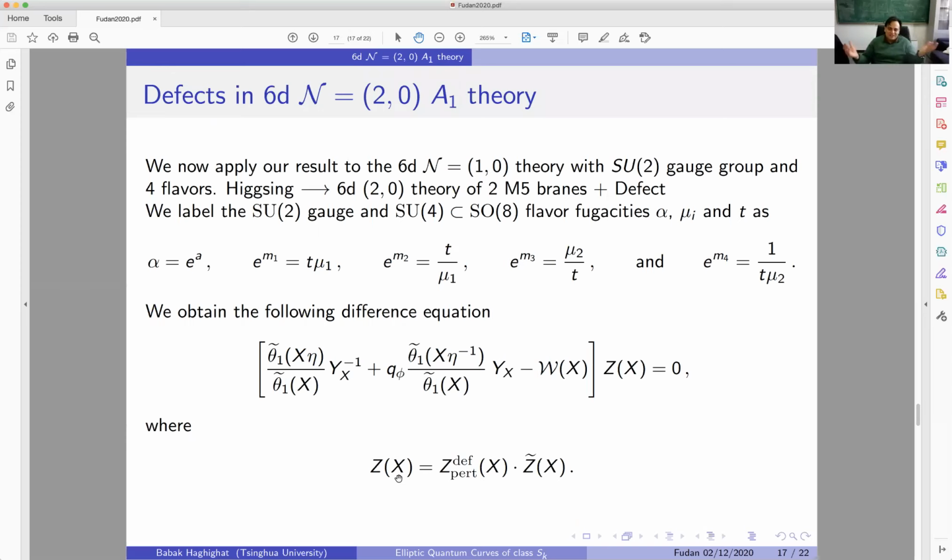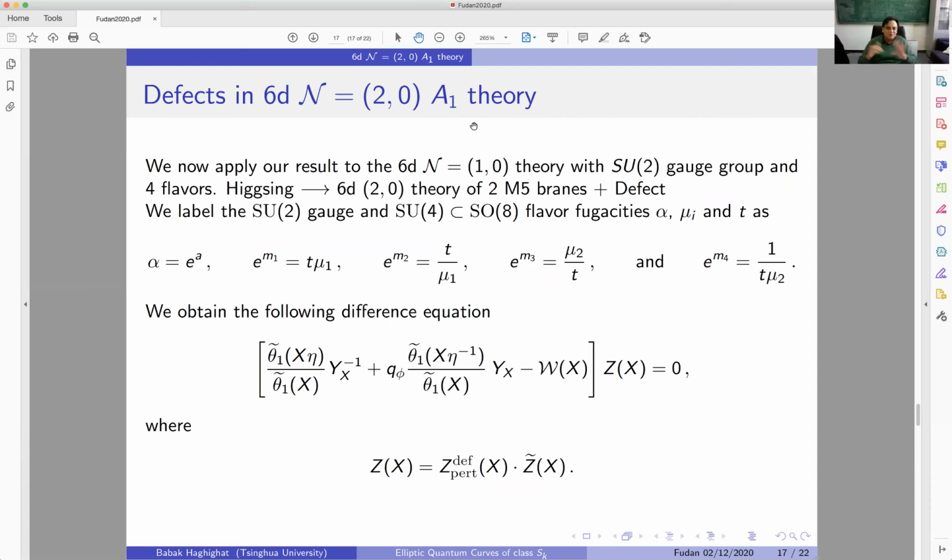Namely, let's apply it to the simplest possible theory, namely the 6D (2,0) A1 theory of 2 M5 branes without any perpendicular singularity. That one is actually dual upon circle compactification to 5D SU(2) maximal super-Yang-Mills. So you can now start from that theory, from maximal super-Yang-Mills, and then do the defect of that theory, and it should also match.